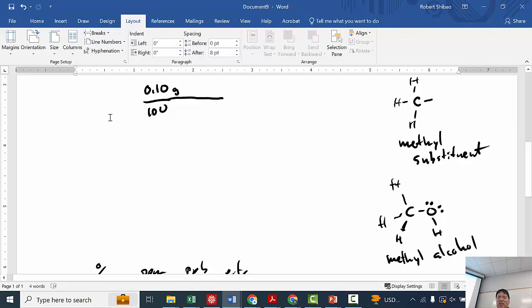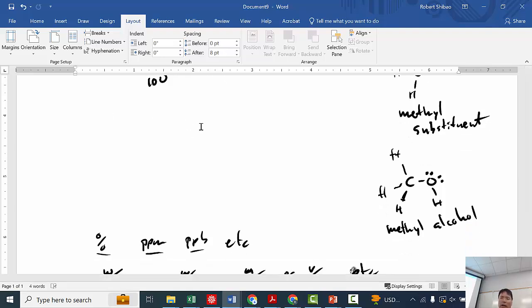Methyl alcohol has another name: methanol, because it's like methane, except it has an alcohol group replacing one of the hydrogens on methane. So this is methanol, or methyl alcohol.